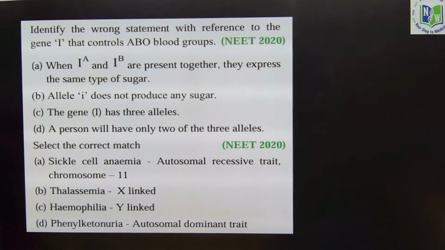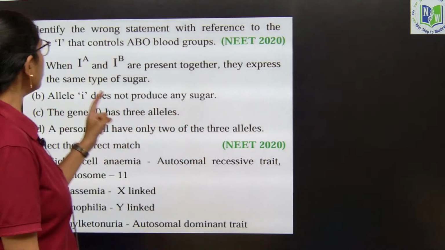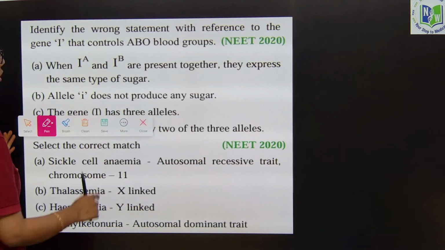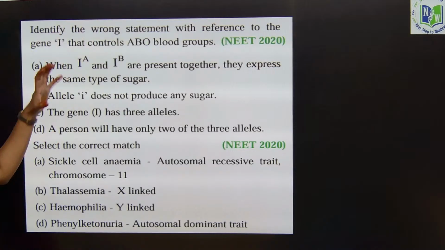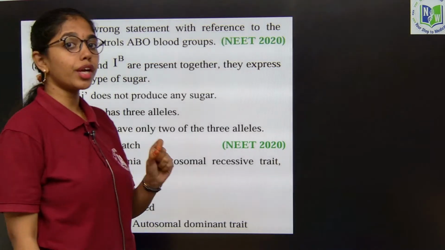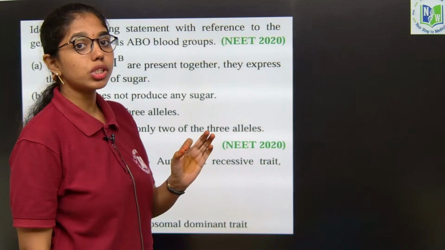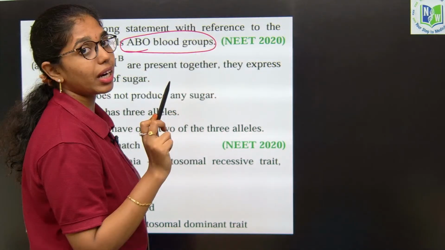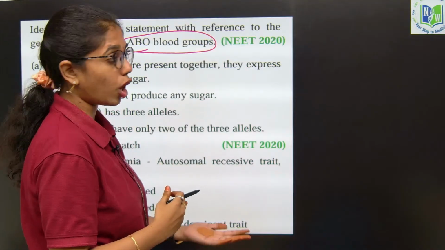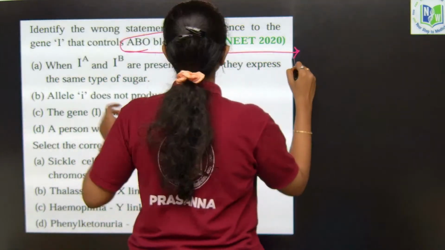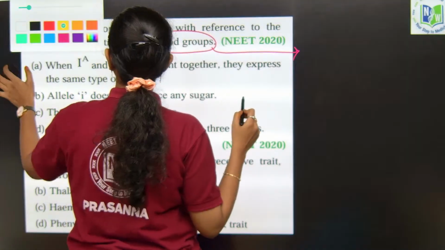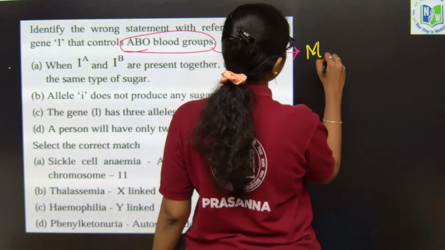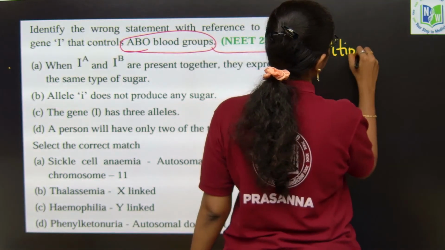Next, identify the wrong statement with reference to the gene I that controls ABO blood grouping. Before going into the options, you should recall ABO blood grouping comes under which concept? Multiple allelism. I told you, multiple allelism is a deviation from Mendel's law of inheritance.